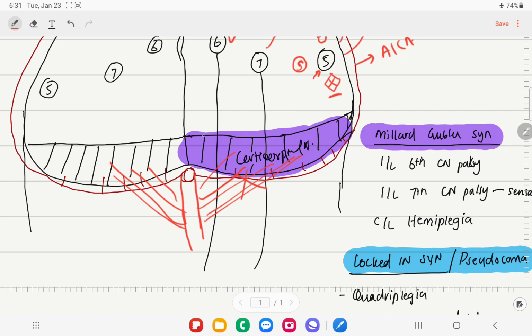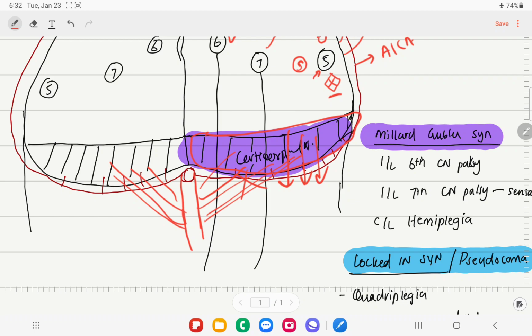We know that this is the corticospinal pathway, right? So basically we have descending fibers from the anterior aspect of the pons, just like the crus cerebri in the midbrain. These are the descending fibers of the corticospinal pathways, right?